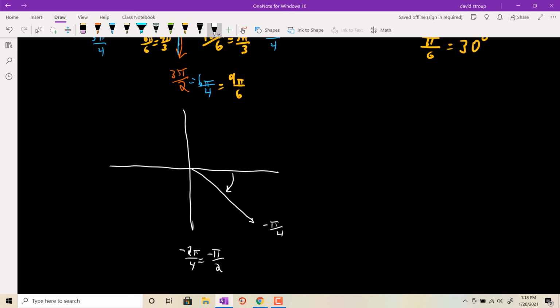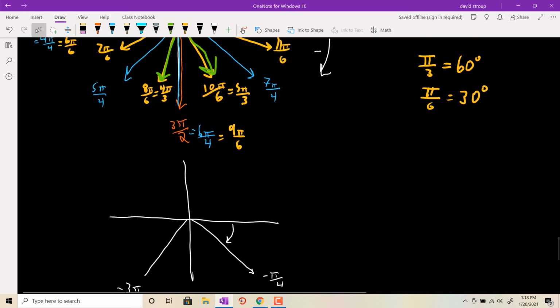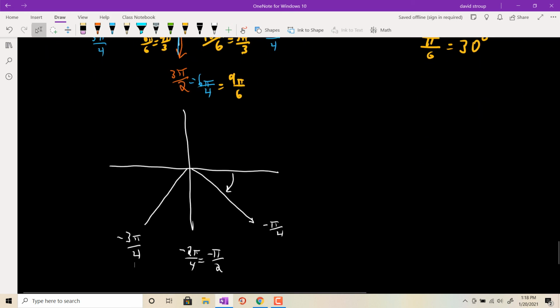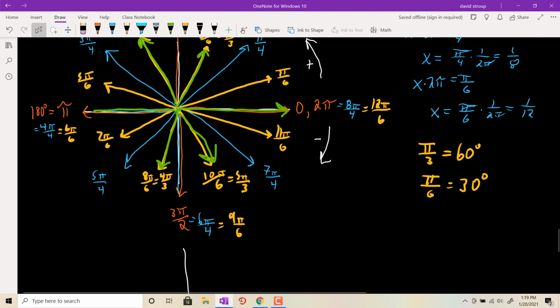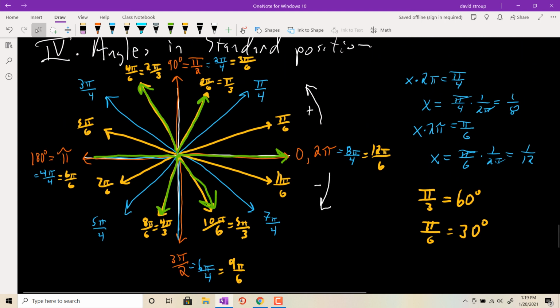Okay, and then here's negative 3 pi over 4. Hopefully that's self-explanatory. So negative pi over 4 is coterminal with 7 pi over 4. Those are ending at the same place in the xy plane.